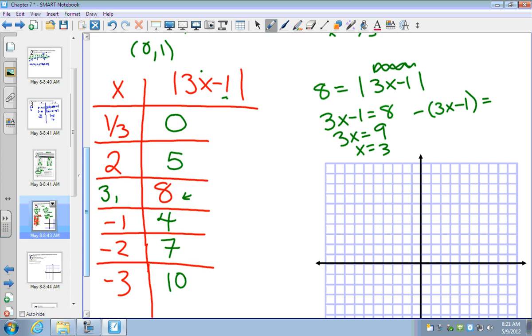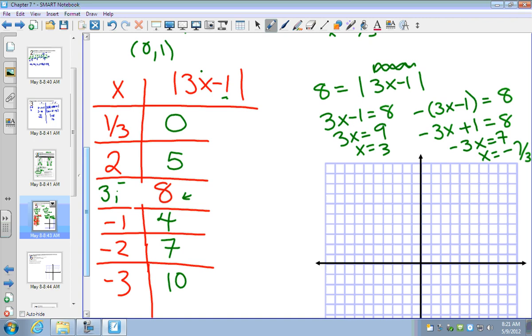How did I write that here? Okay, so this would be negative 3x plus 1 is equal to 8. This would give us negative 3x is equal to 7, x is equal to negative 7/3. Okay, so there were actually two answers here. Interesting, two answers. Oops, negative 7/3.